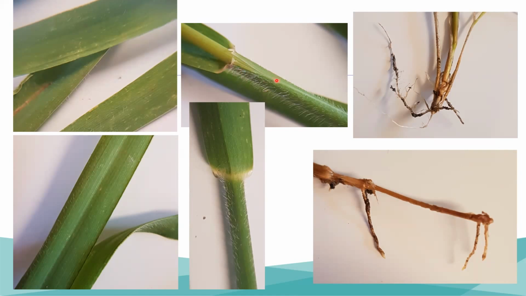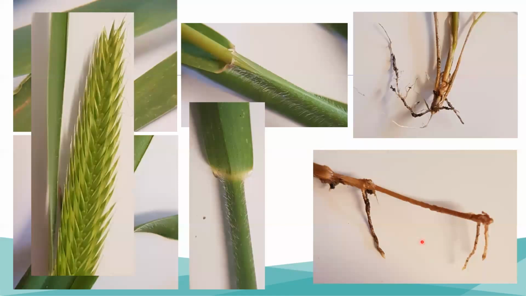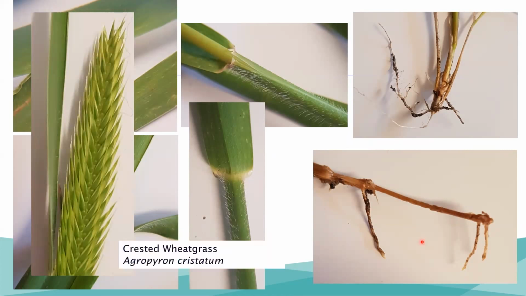We have some hair on the sheath and an open sheath, but now our auricles are smaller and stubbier. And while we do have a rhizome, it's not that big, ugly, creeping rhizome. They're relatively small for being rhizomes. This is the main feature for this grass, which is crested wheatgrass.